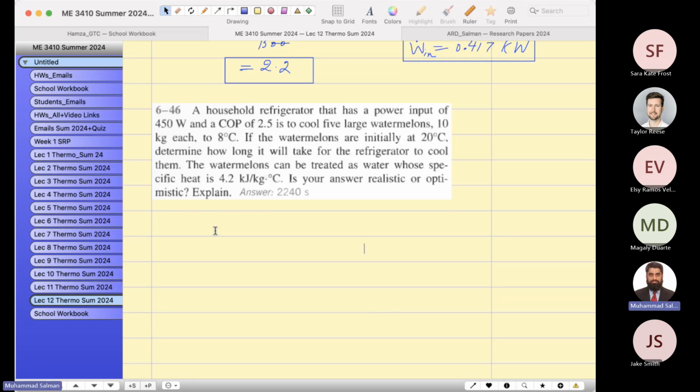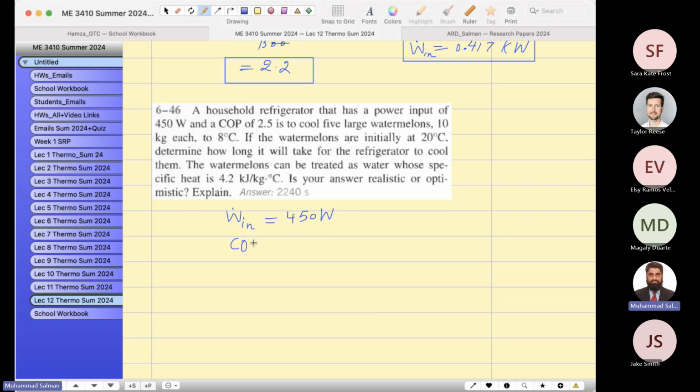A household refrigerator, problem number 6-46. A household refrigerator that has a power input, so W dot in, it is a power input, 450 watts.